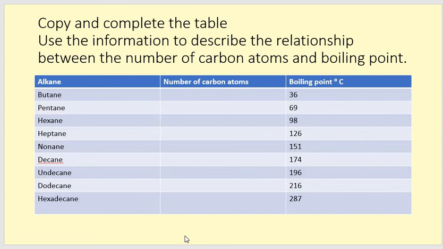This will be a general statement. So it could be as the number of carbon atoms, and it'll be either increases, decreases, goes up, doubles. You have to have a look at it to see what it's going to be. I'm not telling you. The boiling point, and again, you can add the information in there for yourselves.